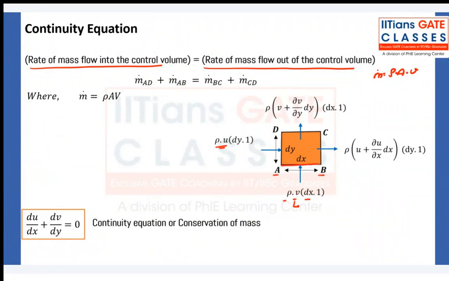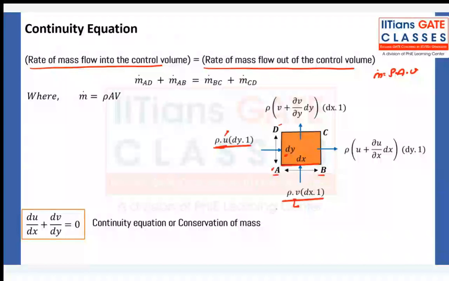Similarly, in the y plane, u is the velocity in the x direction in the y plane. Do not worry about all these details, it is not very important from an exam point of view. You just need to know that it enters in the y plane and the x plane.